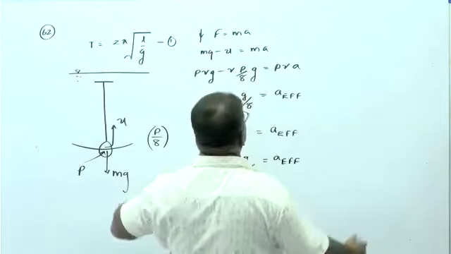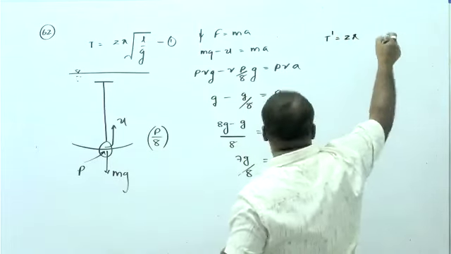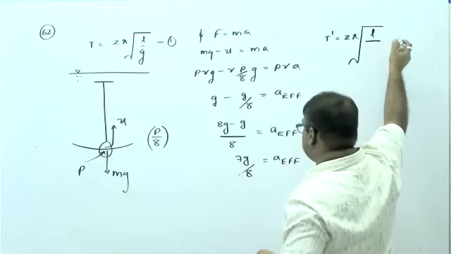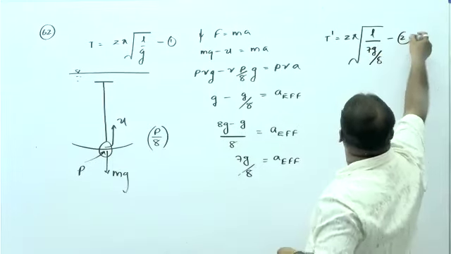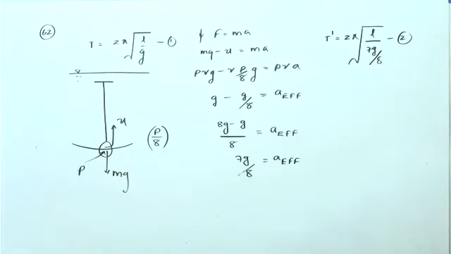Right, take this value for the new period, 2 pi root of L over g, where g is 7g over 8. This is number 2. Then simplify the first and second to get the final answer.